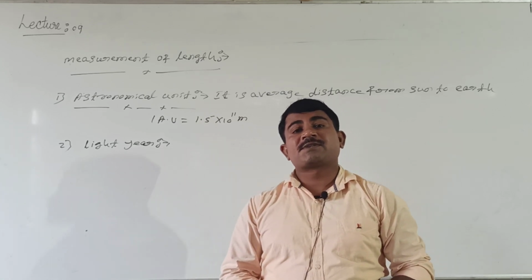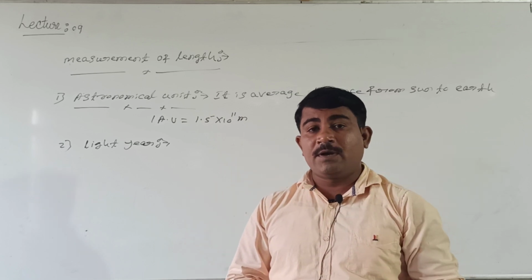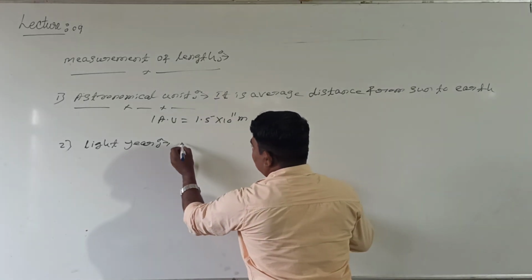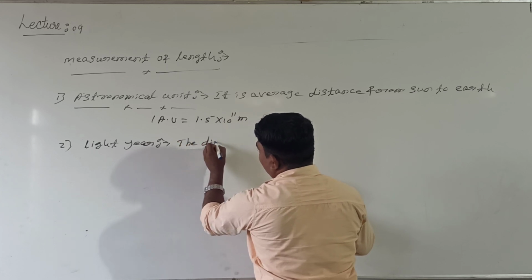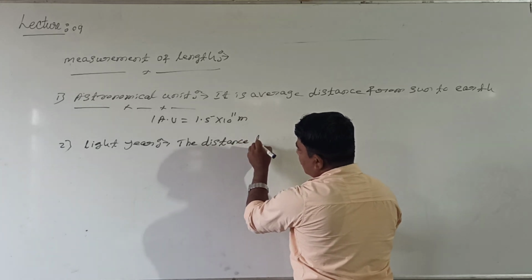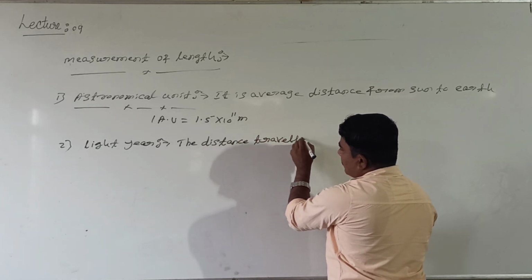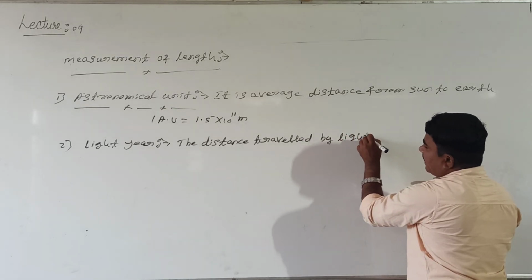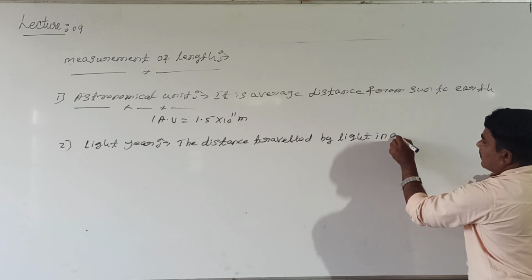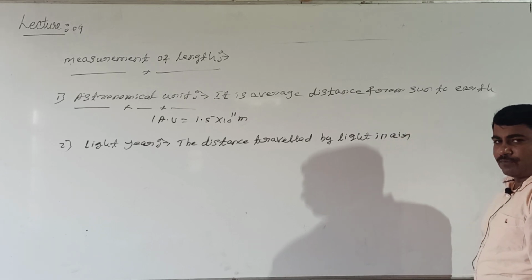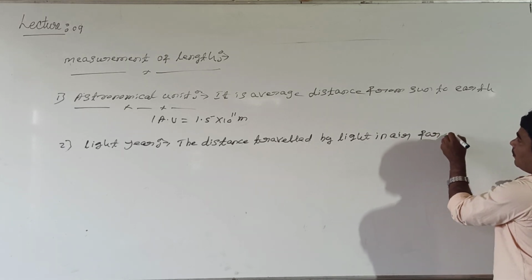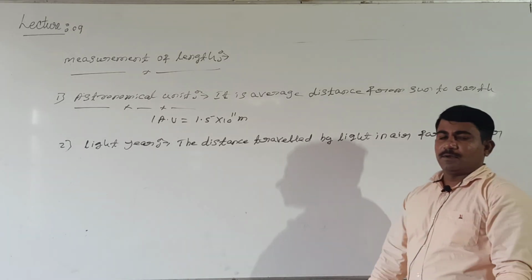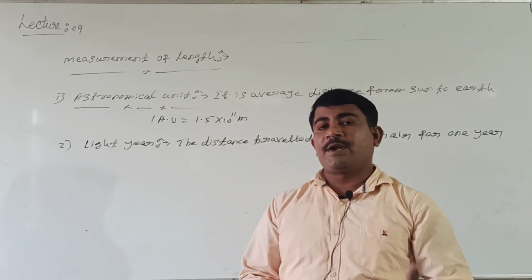Light year is the distance travelled by light in air or vacuum in 1 year. That is what we call a light year.